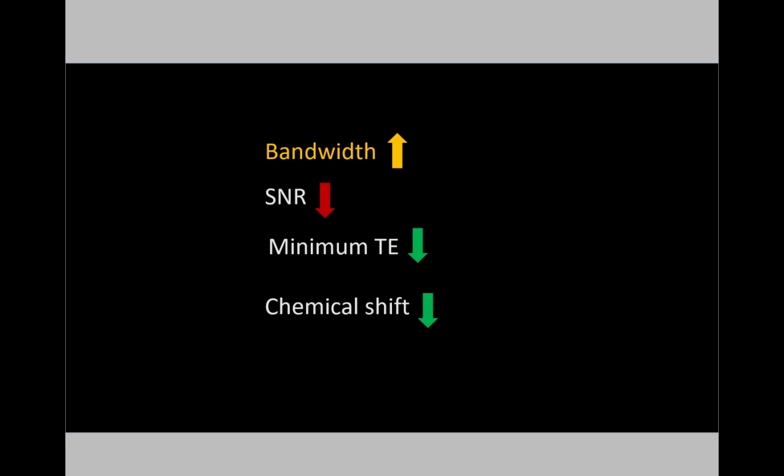We reduce the minimum TE that we can use, because essentially the echoes are going to be shorter and they take up less room. And also by increasing bandwidth, we reduce the chemical shift artifact. And obviously, if we decrease bandwidth, we just reverse all of those effects.